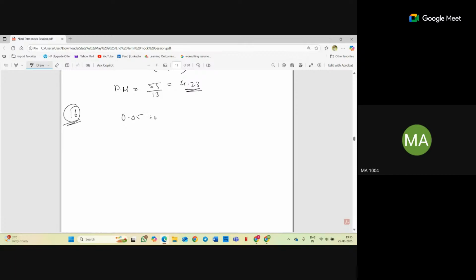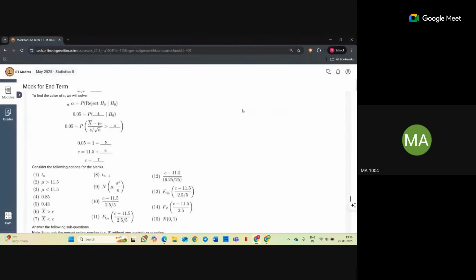So 0.05 will be the probability of x bar minus mu naught divided by S by root n greater than C minus mu naught. What is my mu naught? 11.5. Divided by what? The sample standard deviation.